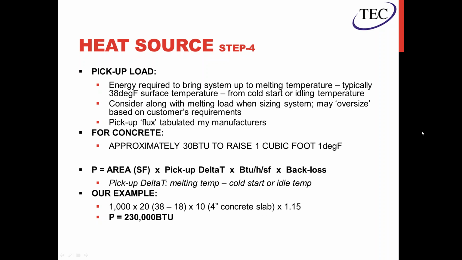So if it's 10 degrees outside when the snow starts falling, the surface temp is 18 degrees, and that's where that came from, when it needs to get up to 38 degrees to be melting.